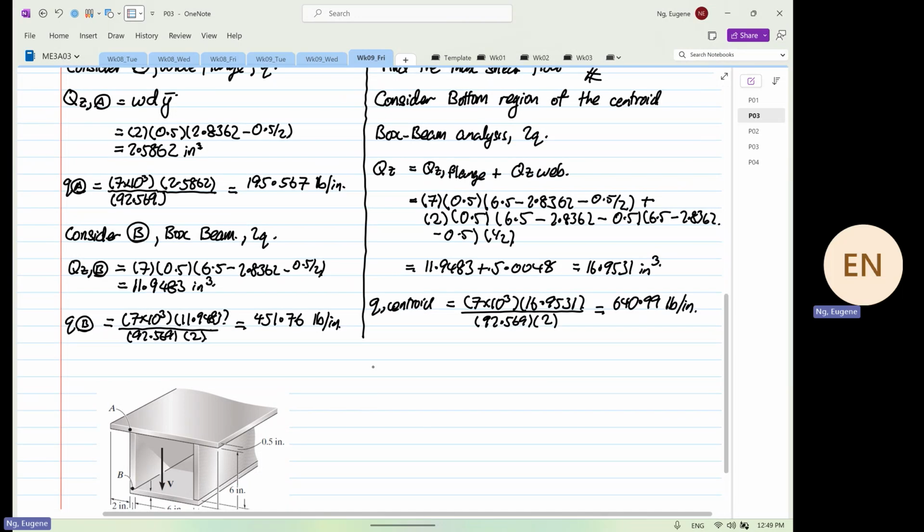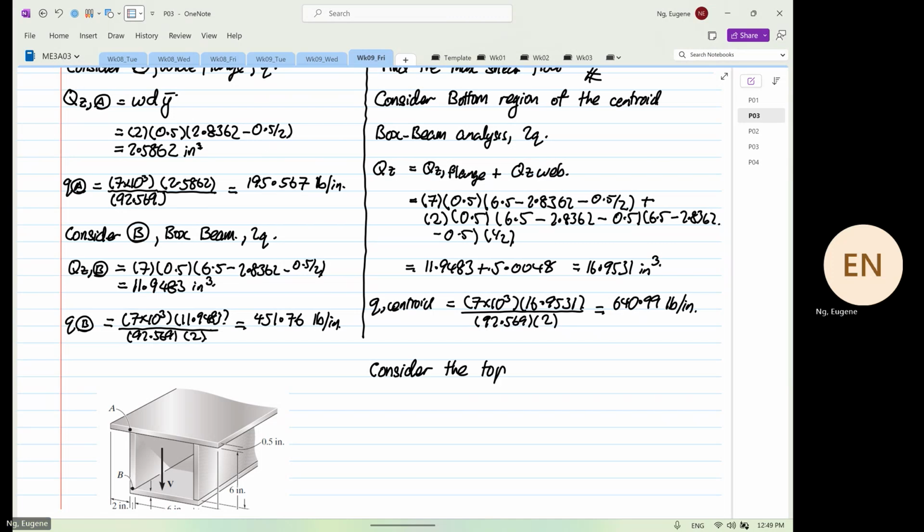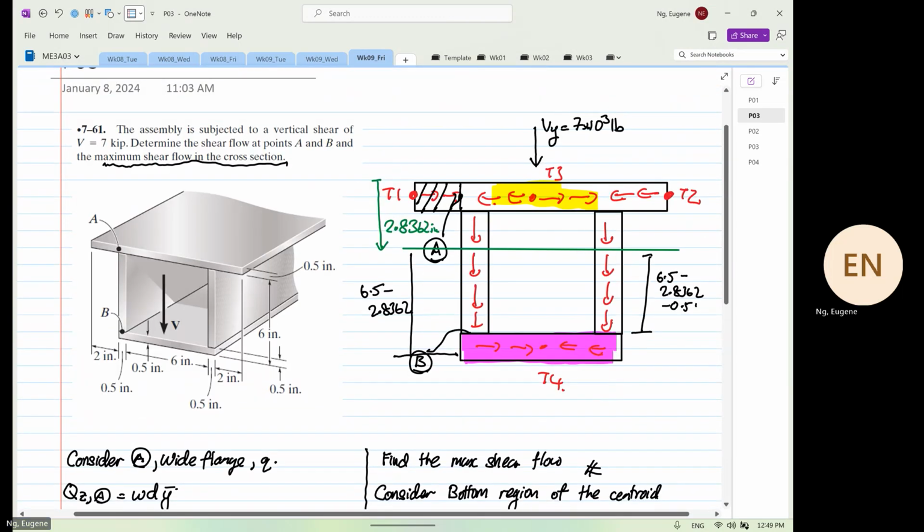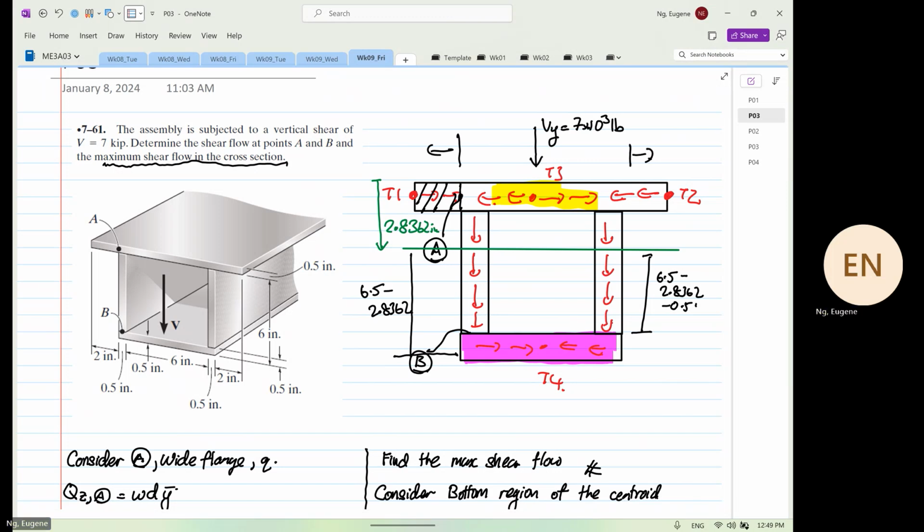So we consider the top region. Now, the top region is a bit confusing, right? Part of it is a wide flange. This side of the structure is a wide flange, and this is also a wide flange, because we have 2 terminals.